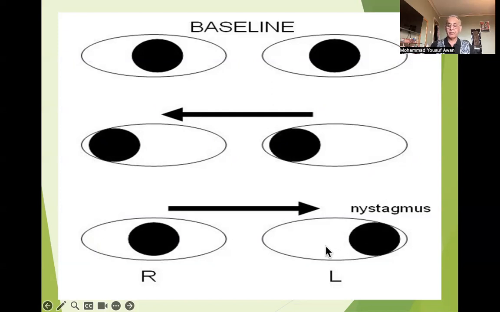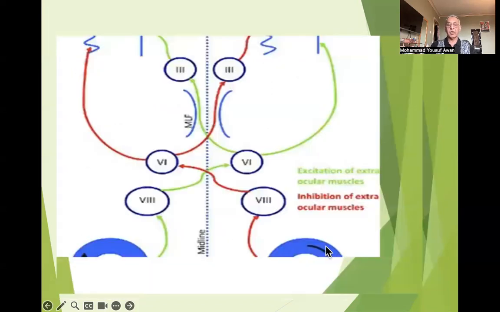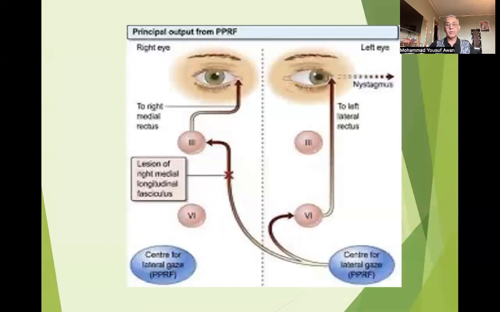This is what's called internuclear ophthalmoplegia, and I'll not go into the detail, but there is a lesion in the third nerve and medial longitudinal fasciculus, like here. So the lesion of the right medial longitudinal fasciculus caused loss of adduction in this eye and nystagmus in this eye.